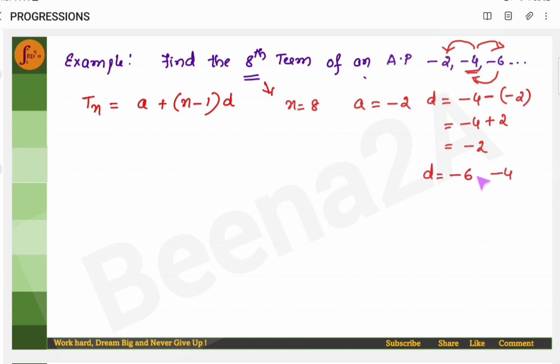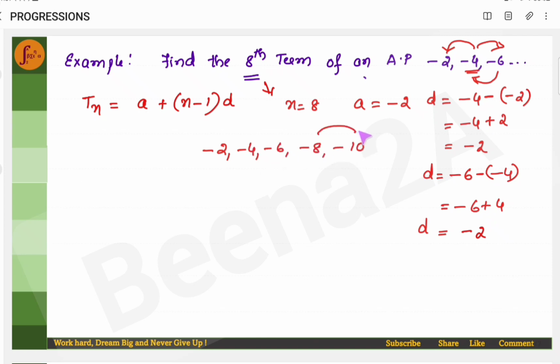Minus 4, and you have to subtract it. Minus 6 minus, and minus is plus 4. So minus 6 plus 4 is minus 2. Like this, if you keep on trying, you'll get the same thing: minus 2, minus 4, minus 6, minus 8, minus 10.